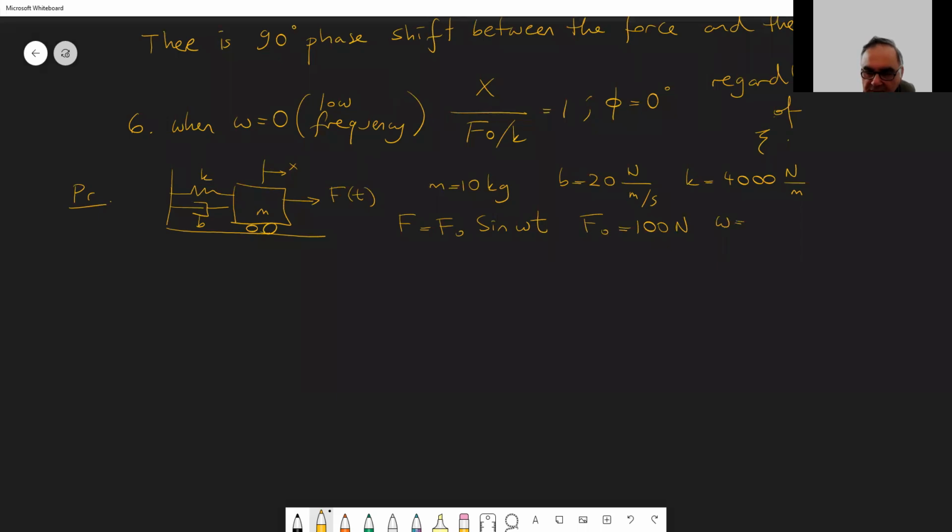And omega is 10 radians per second. So it asks us what is x of t, the steady state response of our system. So f is equal to 100 sine 10t.